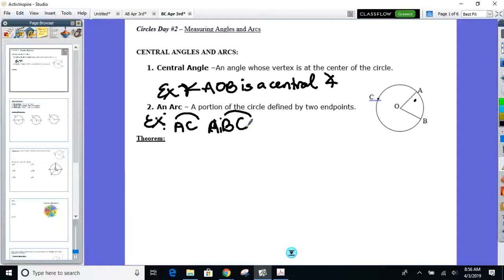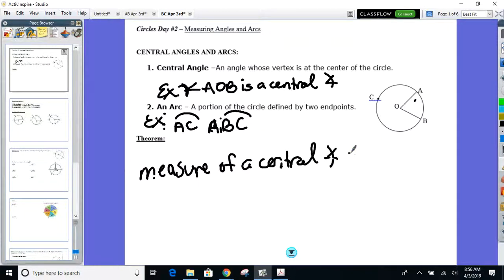Last thing here with arcs and central angles. How do you actually find what the measures are? Pretty easy theorem, your first theorem of the circle unit. The measure of a central angle is equal to the measure of the arc.